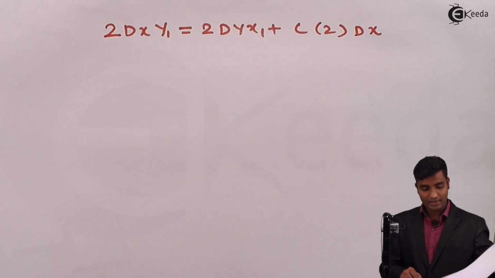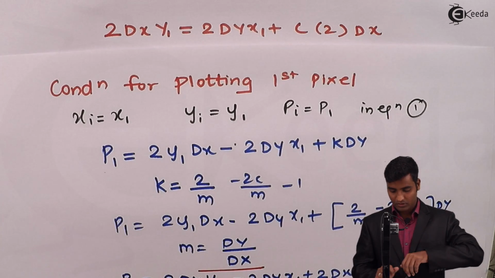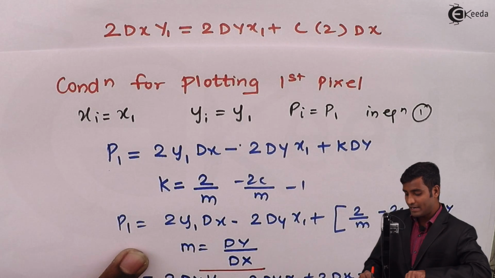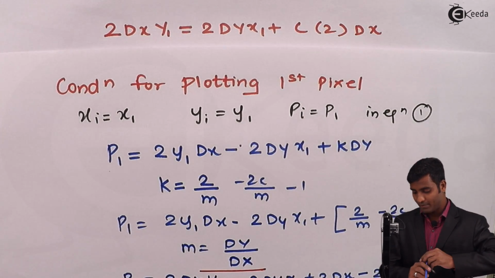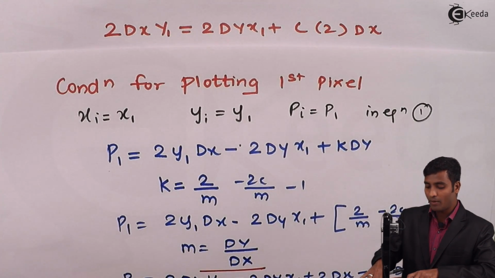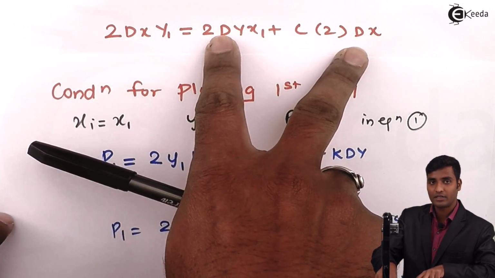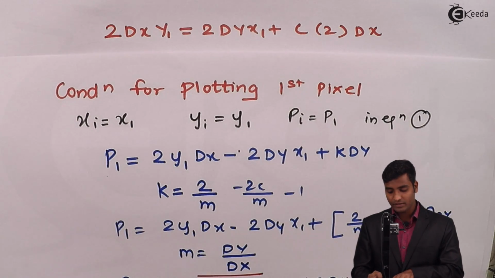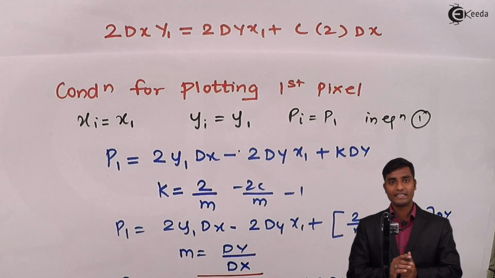So you can cross check that this 2 dy x1 and 2 c dx, with this black pen I am underlining this term, and this term is common. So it is also available in this term. So I can replace this 2 dy x1 and 2 c dx as 2 dx y1.